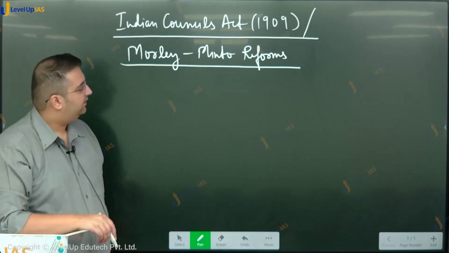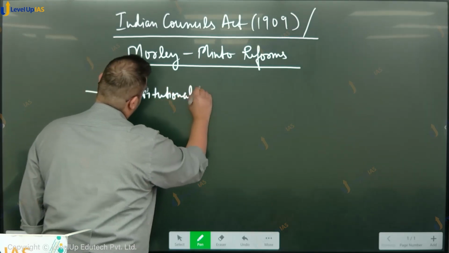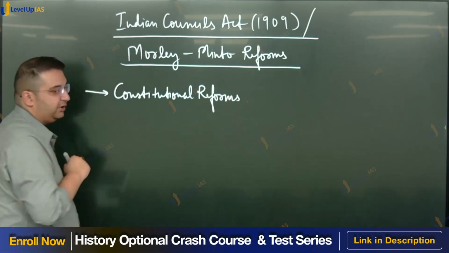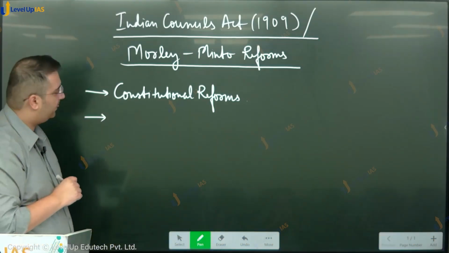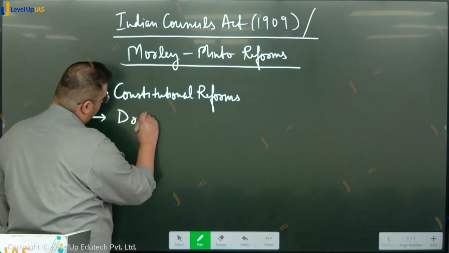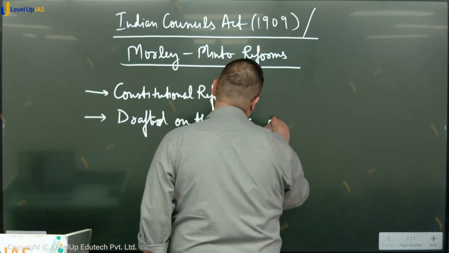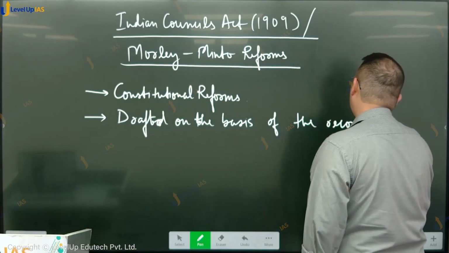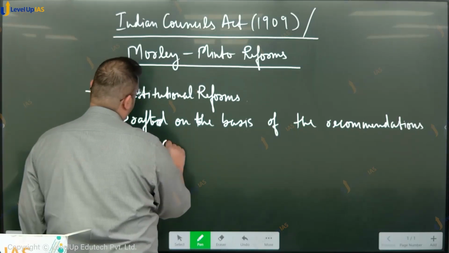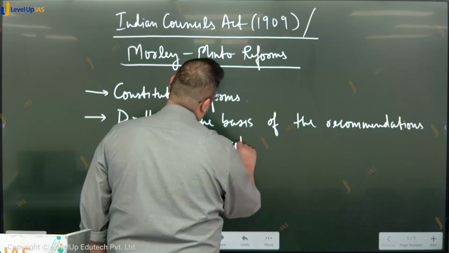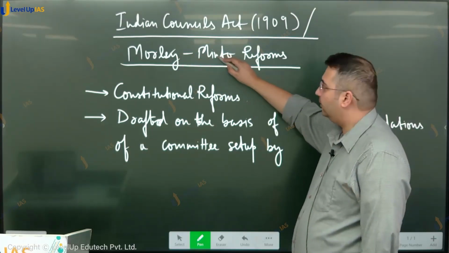Okay. What were they? They were a new set of constitutional reforms drafted on the basis of the recommendations of a committee set up by the Secretary of State for India Morley and the Governor General of India Minto.